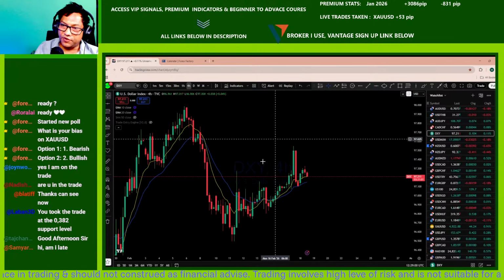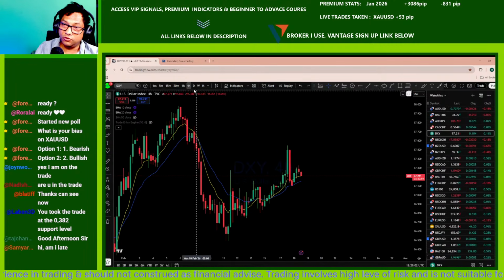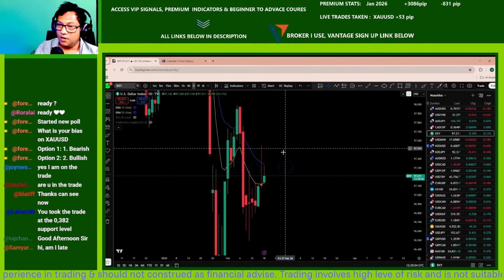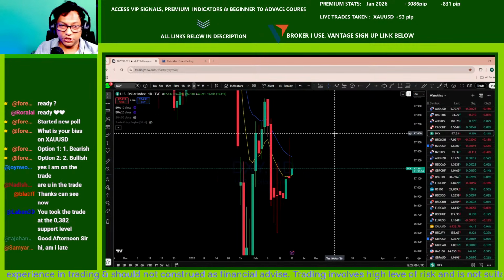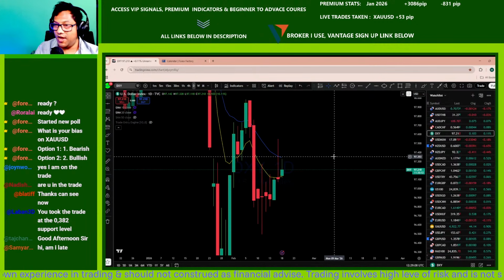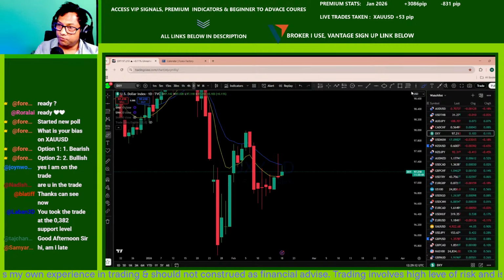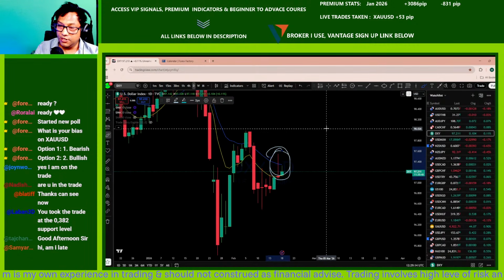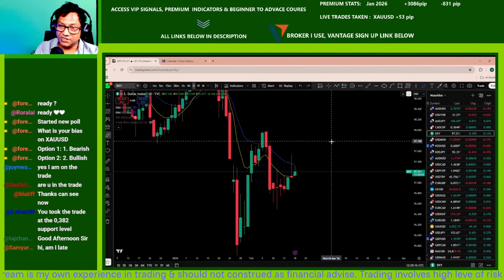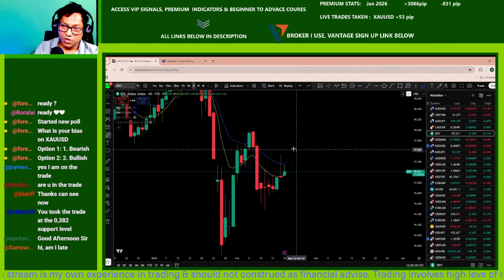DXY, we have seen after yesterday's unusual move back to the upside, slowly there is a daily doji. Now looking at all of that will give you a better understanding how this DXY doji, daily doji, in fact now representing in the market.